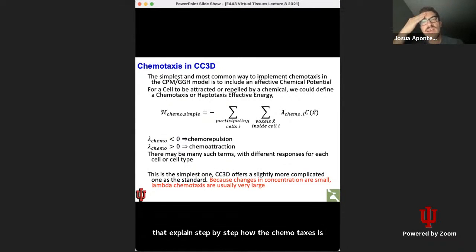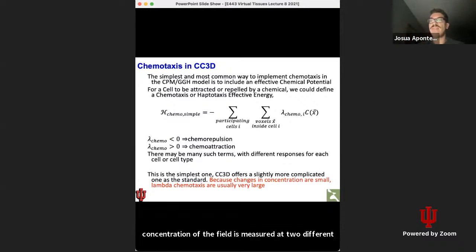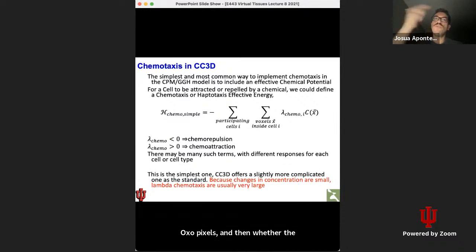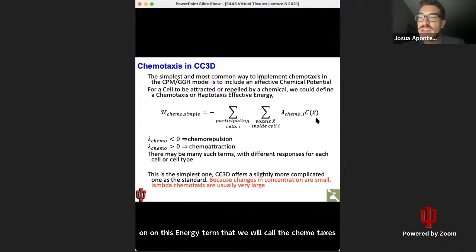But again, the idea is that the concentration of the field is measured at two different voxel pixels, and then whether the cell moves in the direction of the concentration increase depends on this energy term that we will call the chemotaxis effective energy term.